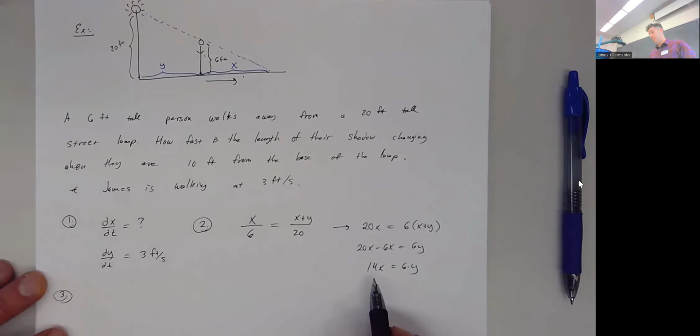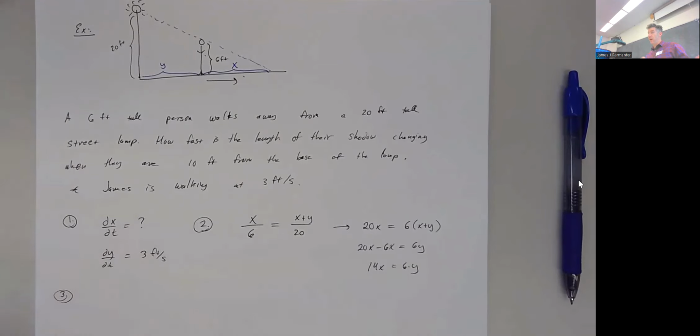Now, check this out. The derivative of 14x is going to be what? Not just 14. 14 times dx/dt, right? Because we're differentiating with respect to what variable? Almost always time, right? So when we say I'm differentiating with respect to time, it means the time is the bottom part.